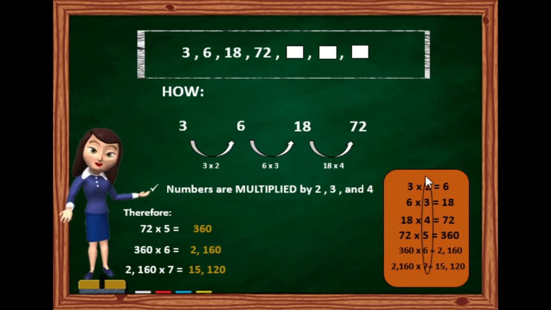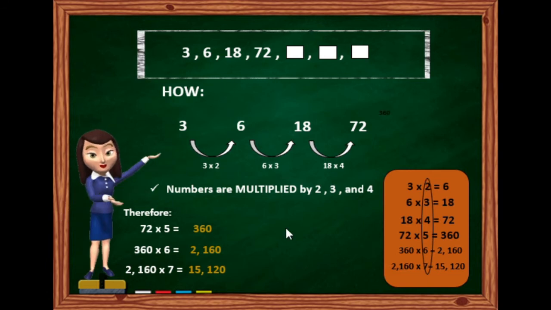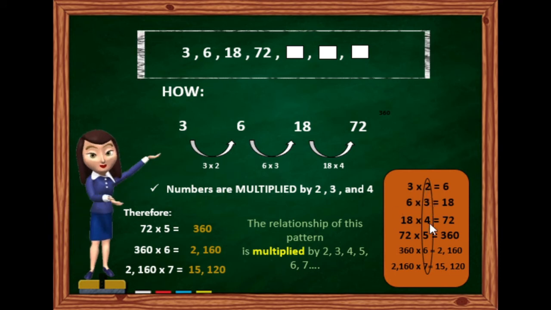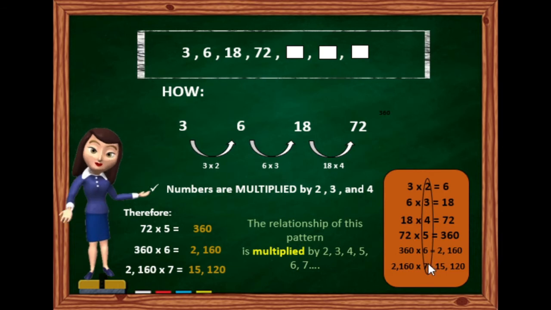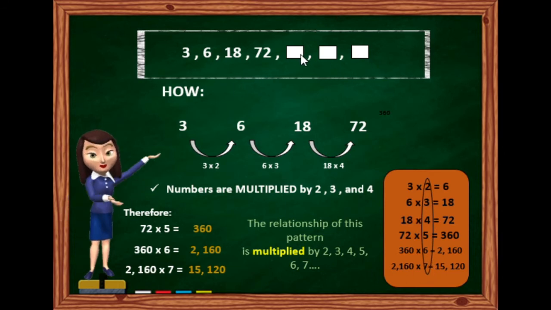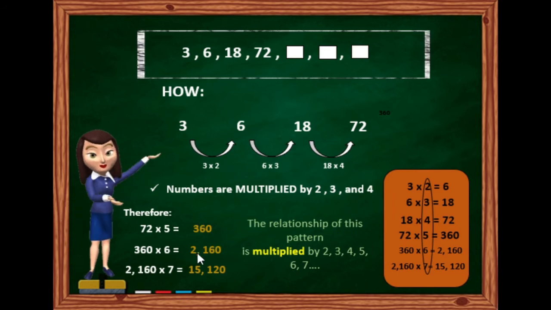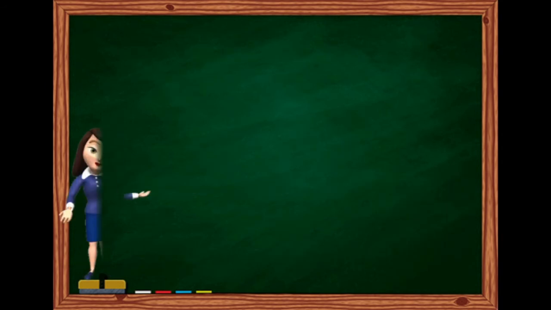So as you can see here in the circled numbers, the relationship of this pattern is multiplied by 2, 3, 4, 5, 6, and 7. So the next 3 digits after 72 are 360, 2,160, and 15,120.